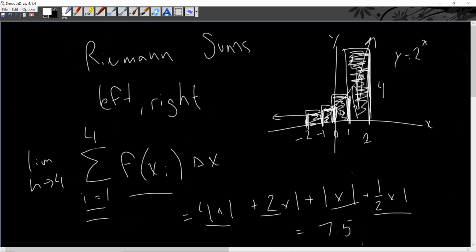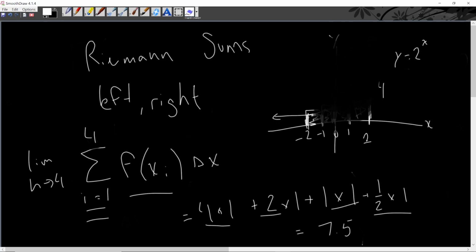Again, this is an over approximation because g in this case is increasing on this interval, and we're doing a right Riemann sum. So when we drop a line from this side to the other side, we are going to get an over approximation. And yeah, I think that's relatively intuitive.